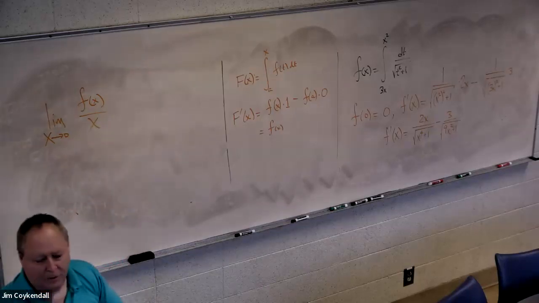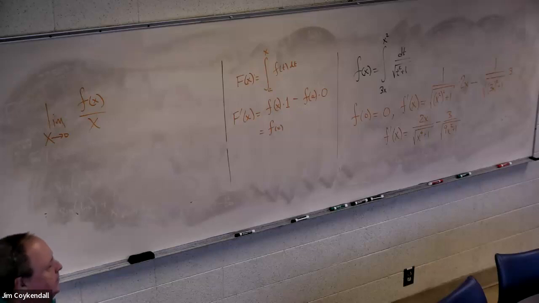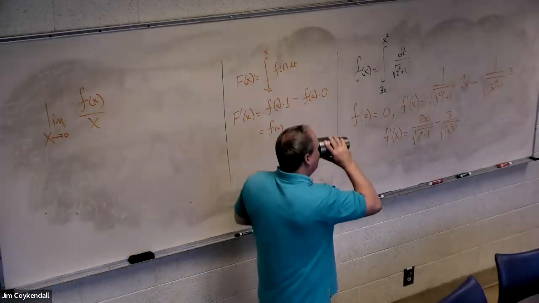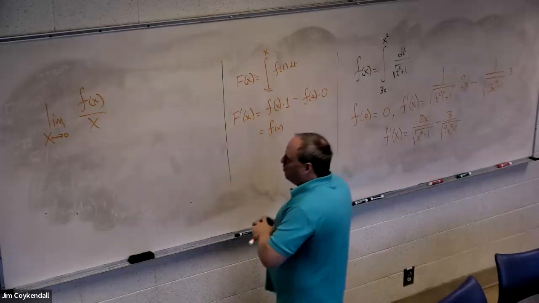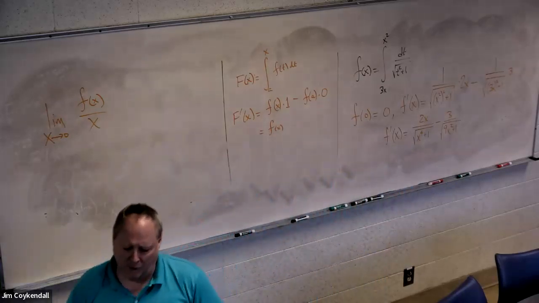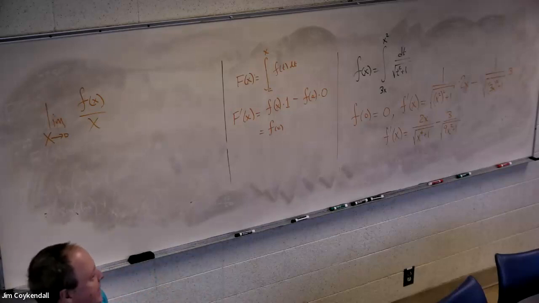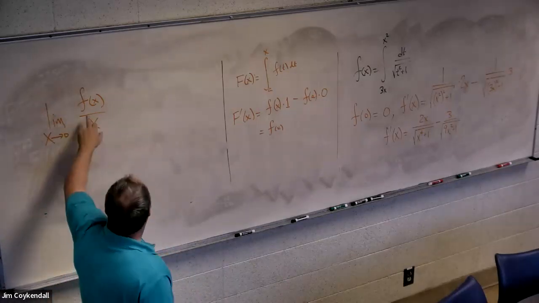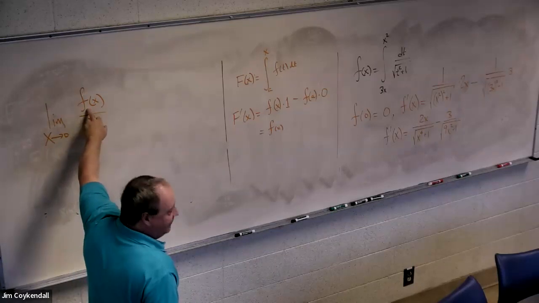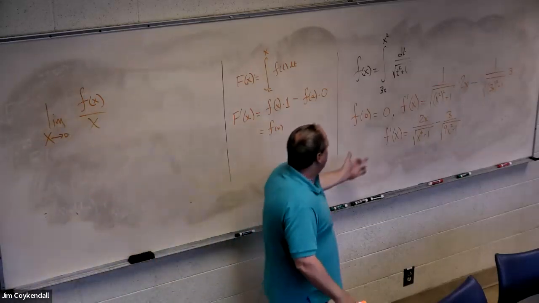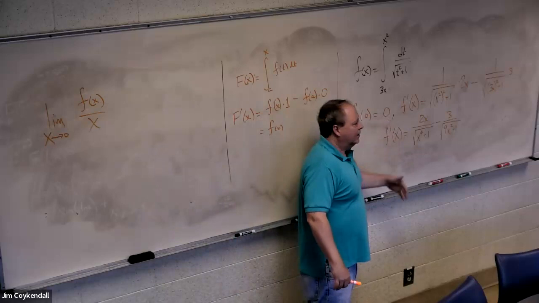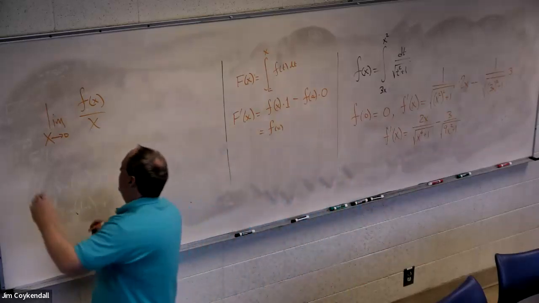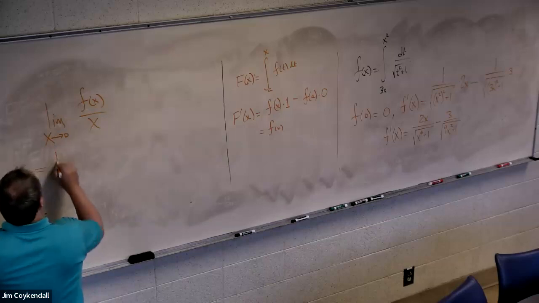Again, with the limits, what's the first thing to do? Plug the sucker in and see what happens. When I plug in x equals 0, the denominator will be 0, right? When I plug in up here, I get f of 0, which is also 0. So 0 over 0, L'Hopital's rule. So, try L'Hopital.